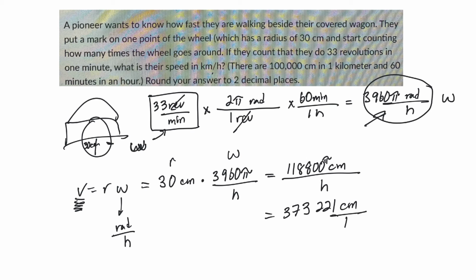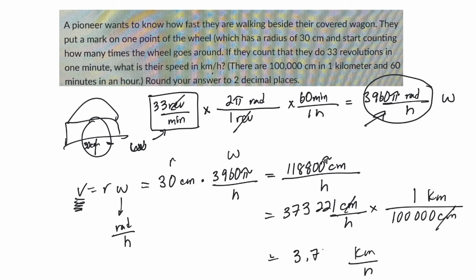That's centimeters per hour. If I want to convert that to kilometers an hour, there are 100,000 centimeters in 1 kilometer. So the centimeters cancel out and my units will be kilometers per hour. Now I take the number I have and divide it by 100,000, which equals 3.7322 kilometers an hour.